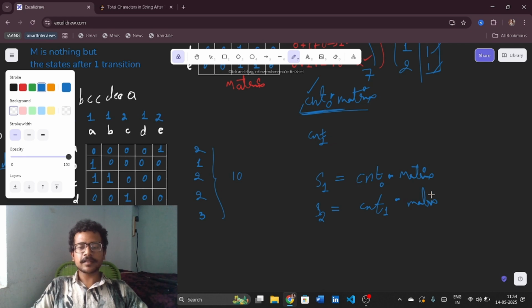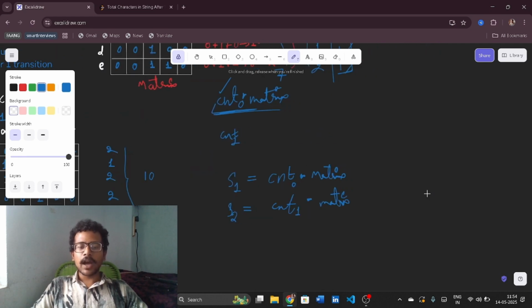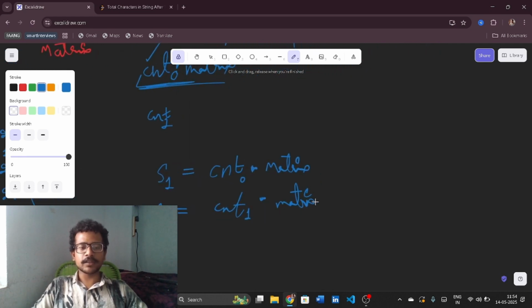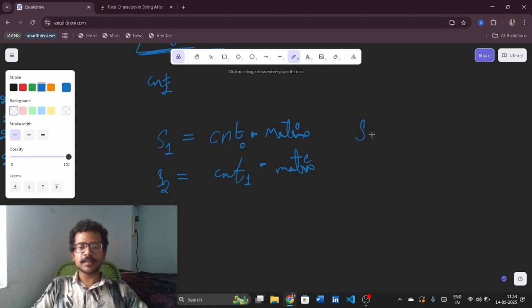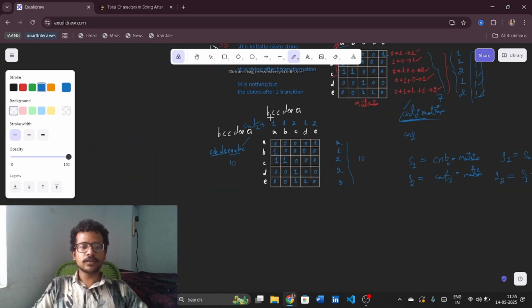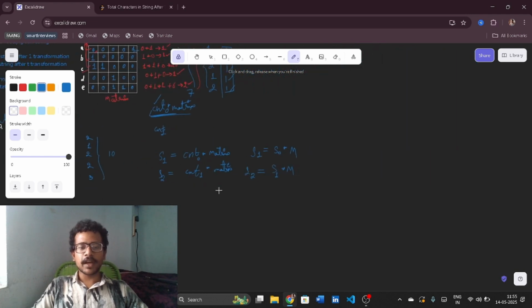If I take something like a matrix, I would say that S1 is equal to S0, the string 0, into matrix, right? S2 is equal to S1 into matrix. That's what I did. I took this S1, this BCCDEEA, then I got this S2.